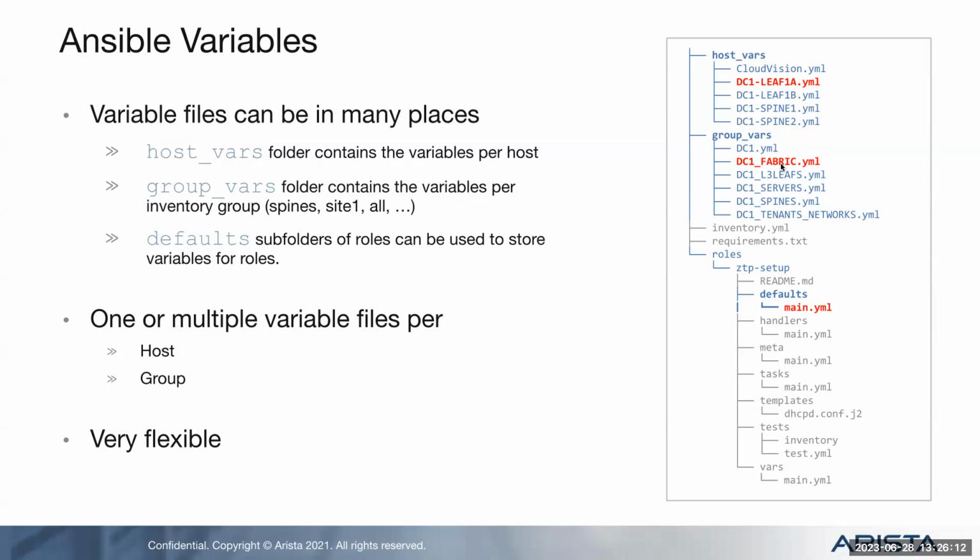If you're tagged to being part of DC1 Fabric, we load these and run these variables for you. If you're part of the servers, you get the server variables. We can also bring in the different variables we load from our roles. Roles are something we'll cover as well a little bit, but effectively, again, that's like a library in Python. It brings in additional functionality. You can also bring in additional variables.